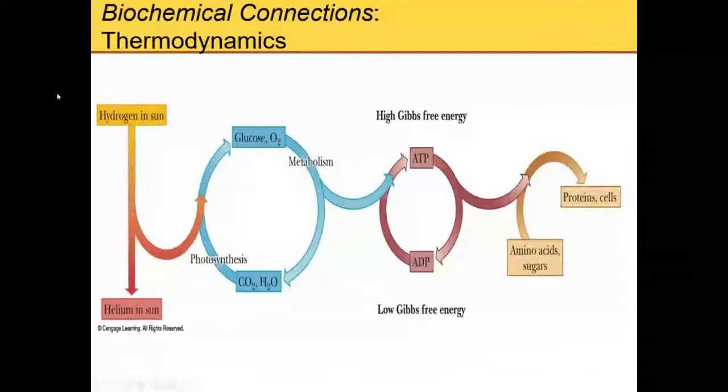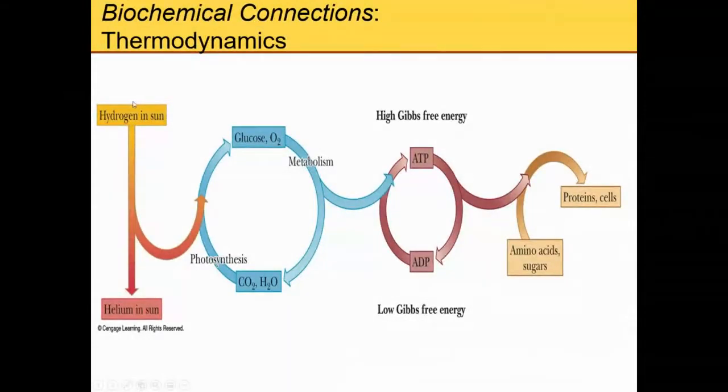And here, just to show the biochemical connection through thermodynamics, we know the hydrogen in the sun can be absorbed through plants, and then they perform photosynthesis to produce glucose and also other sugars in the plant. The production of ATP basically comes from the oxidation of glucose.